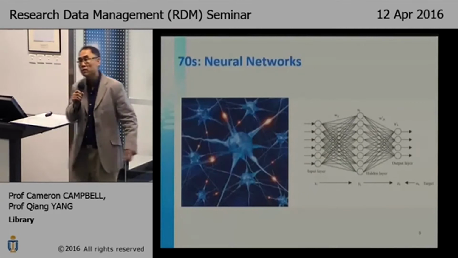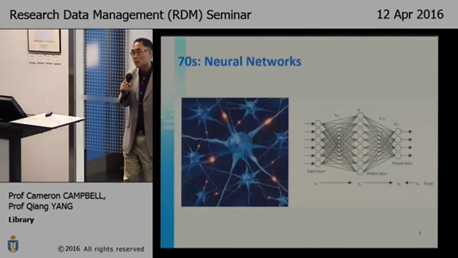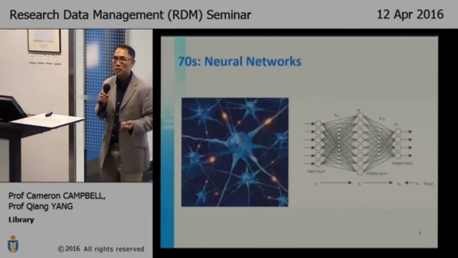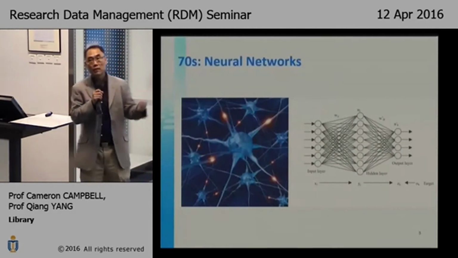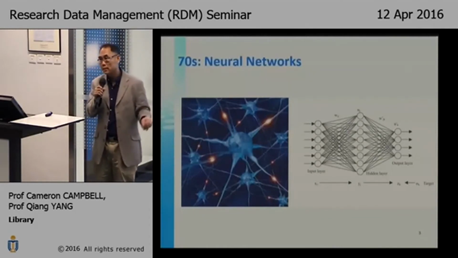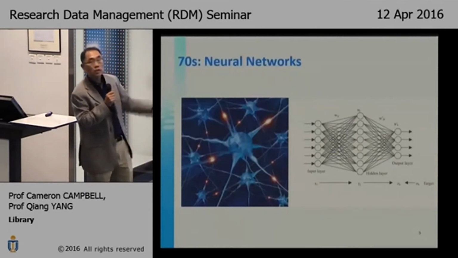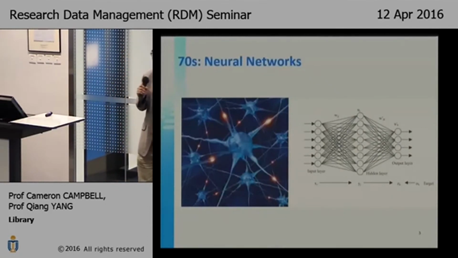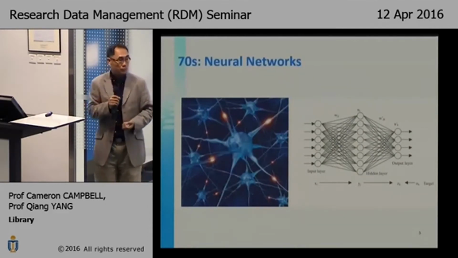The number of neurons is in the order of 10 to the 11, which is a very large number, but the number of connections is in the order of 10 to the 15th to 18th. Okay, and that's where the intelligence, the computation, and furthermore the learning happens.